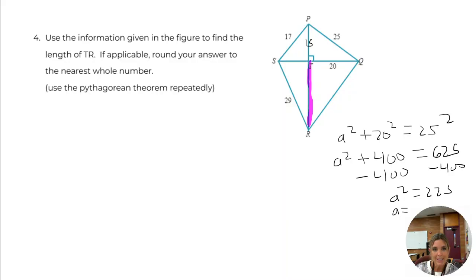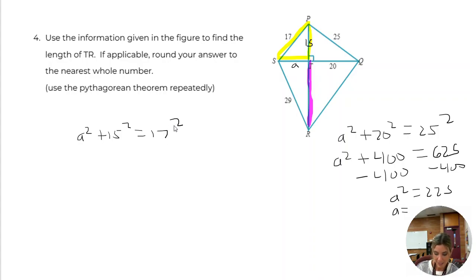So that brings us to our next triangle that we're going to use, which is this triangle right here, triangle PST. This time we have the hypotenuse. So we're going to find leg A by doing A squared plus 15 squared equals 17 squared.